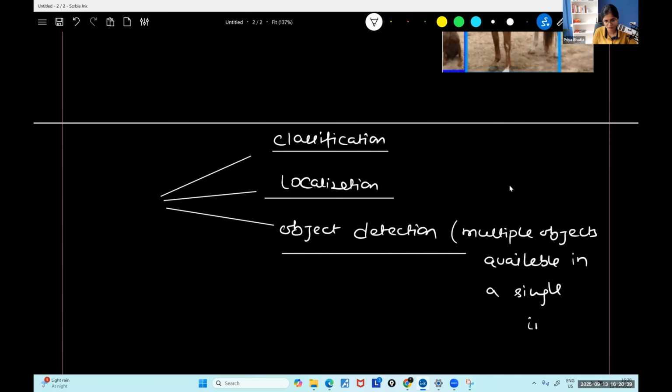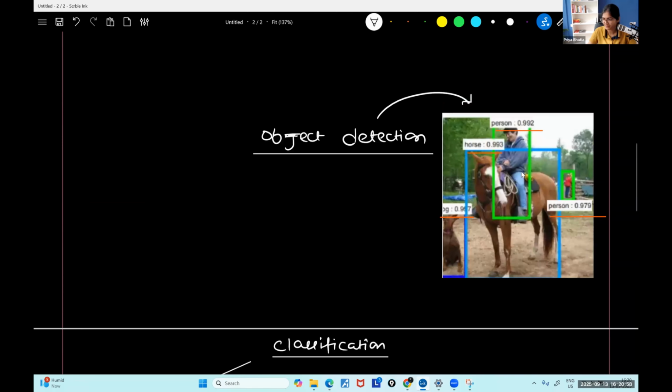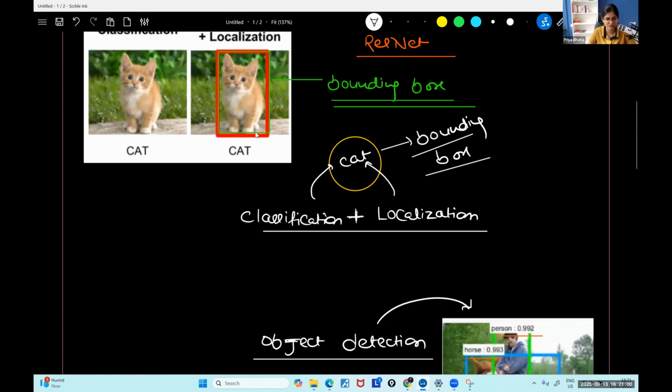In localization, it is just focusing on a single class detection. By the way, in both localization and detection, a bounding box will be created. I hope you can see. Here we have a box available and here also we have a box available.